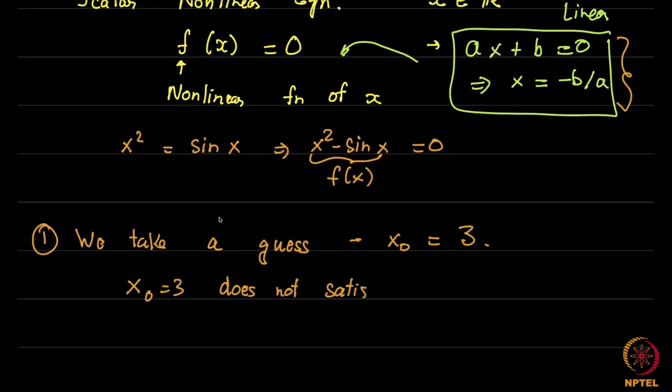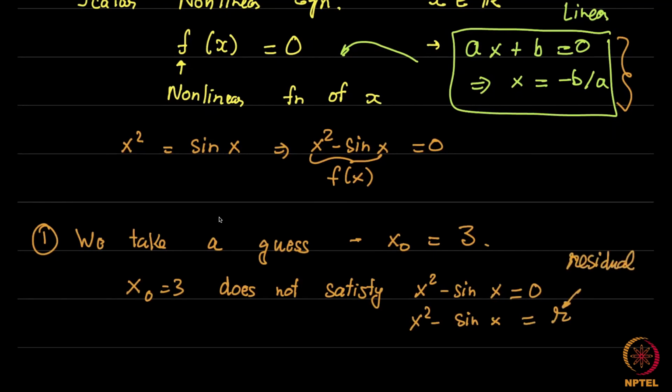This should remind you of how we were searching for our parameters of gradient descent also. It does not satisfy x square minus sine x equal to 0. In fact, you will get x square minus sine x equal to some r, where r is something we will call a residual. That is, this remains for our guess.